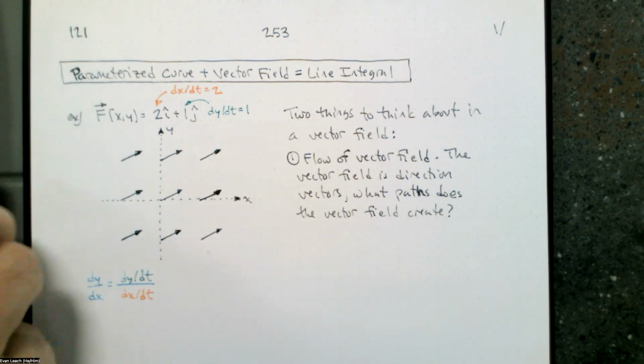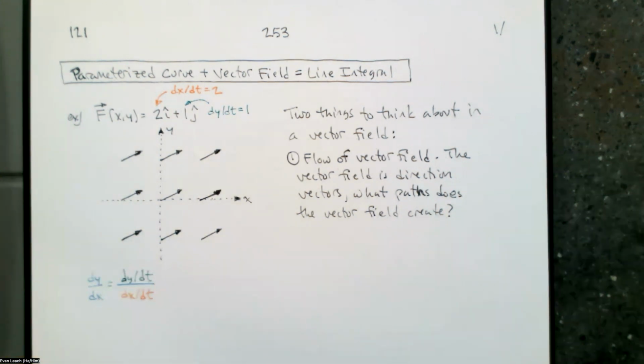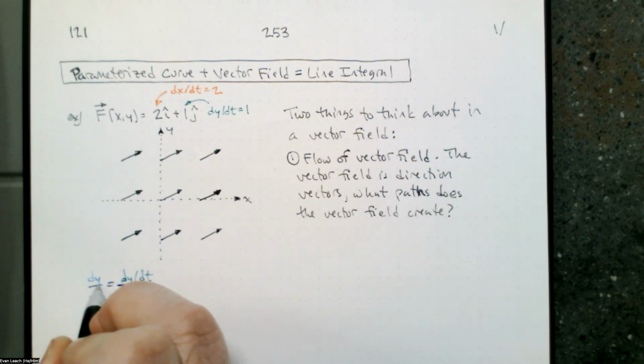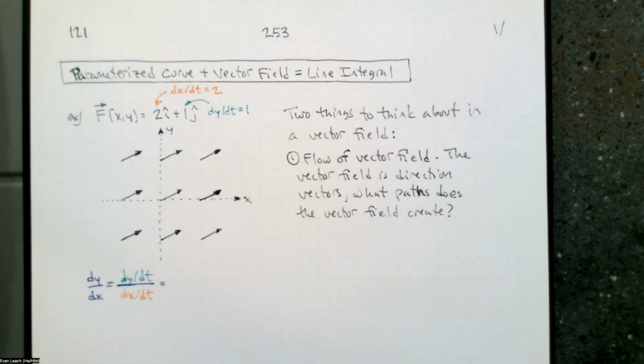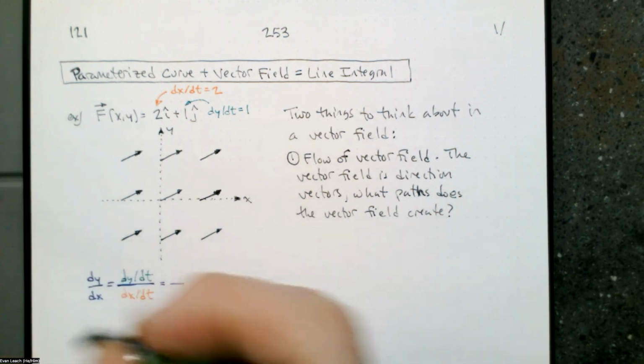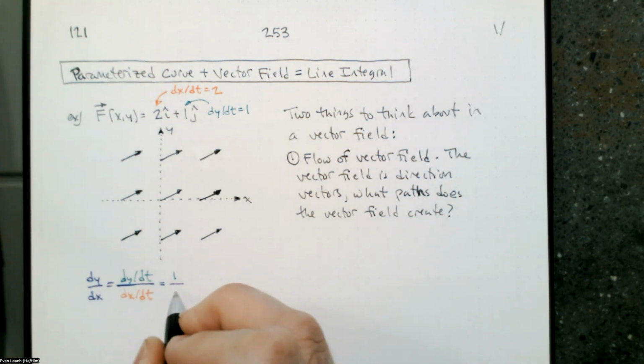The dt cancels, so we've canceled out the parameter in this case. dy/dt is 1. dx/dt is 2.